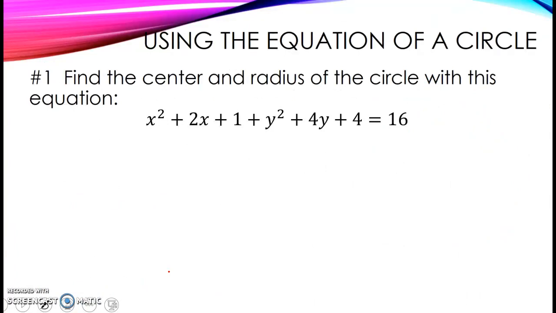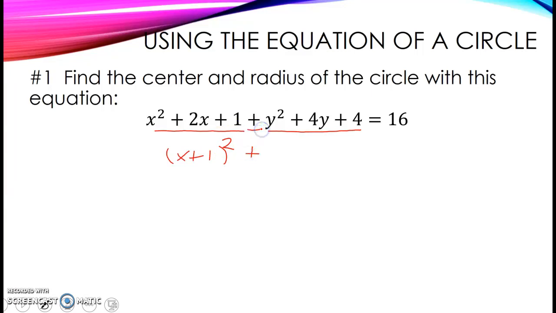Let's take a look at number 1 first. This is not in that form, so we want to put it in that form. So I'm going to look specifically at this part and at this part. This is kind of done a little bit for us already. If we complete the square here, those are both perfect squares, because the x squared plus 2x plus 1 could be written as x plus 1 squared. Half of 2 is 1, and 1 squared is 1.